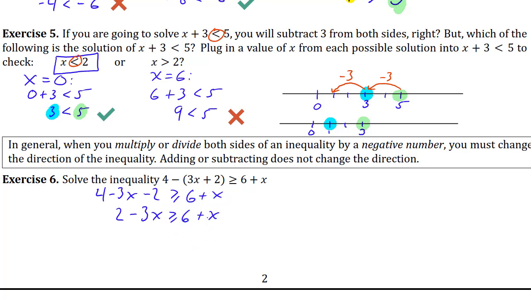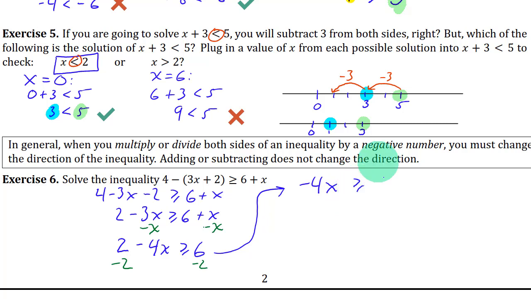And I'll try to get all the x's on the left, so I'm going to subtract x from both sides. That will give you 2 minus 4x is greater or equal to 6. Subtract 2 from both sides. Gives you negative 4x is greater or equal to 4.